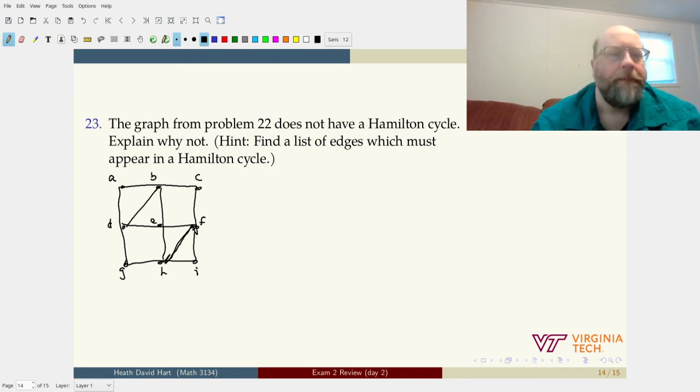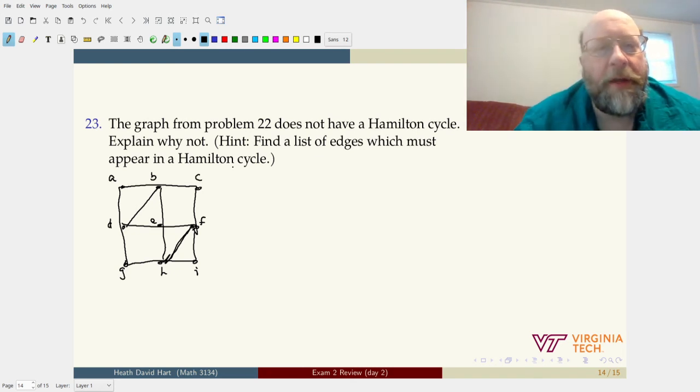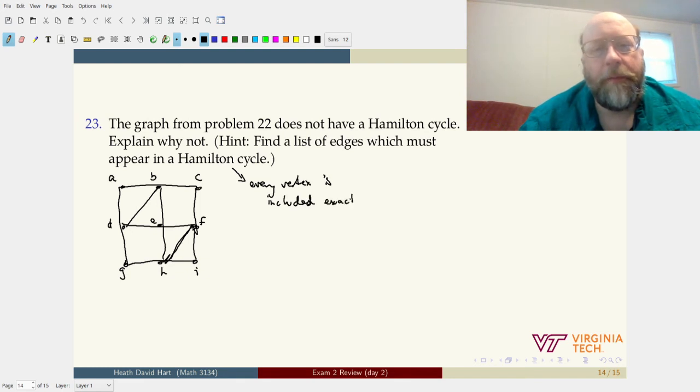All right, there you go. In order to have a Hamilton cycle, every vertex must be included exactly once.